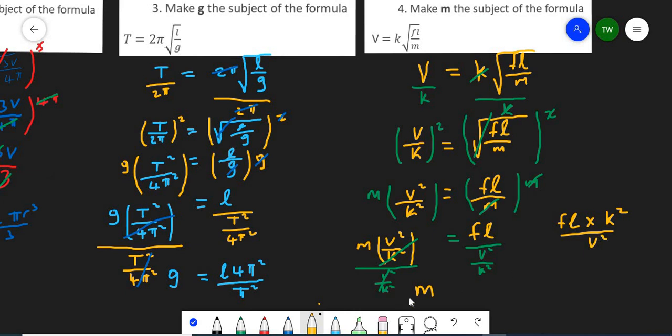So all this is going to equal, M is going to equal FL K squared all over V squared. And you are finished there. And that's it.